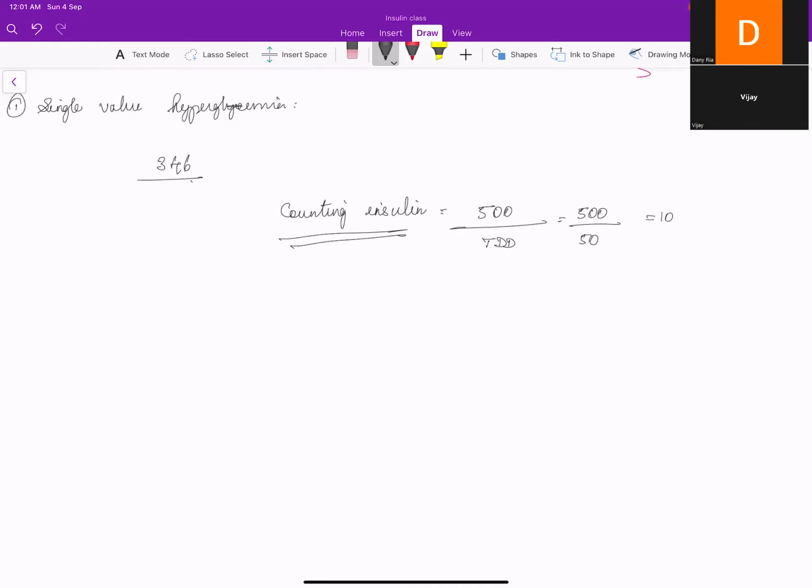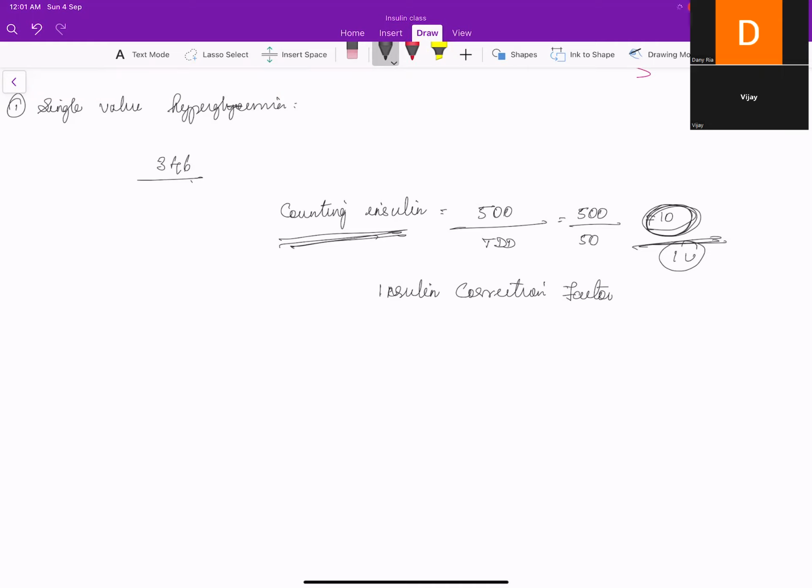So what this counting insulin means is 10 milligrams of glucose is reduced by 1 unit of insulin. This is the insulin correction factor, ICF, or counting insulin concept. Usually what they say is 1 unit of insulin will reduce glucose by 10. It is not always for everyone. It depends upon the particular patient.